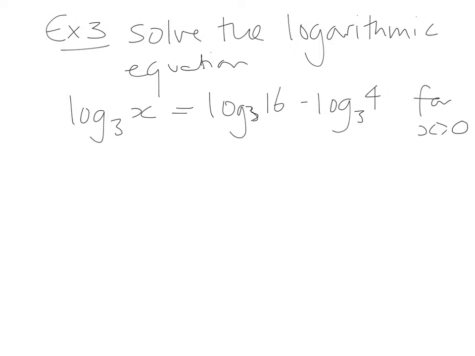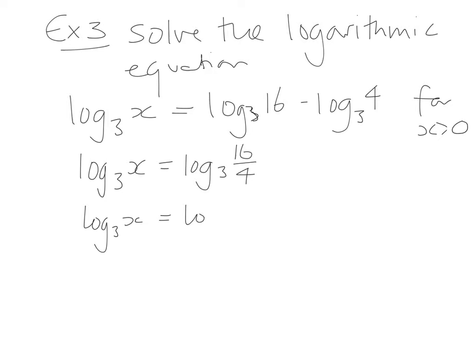Right, so the first thing we're going to do is resolve the right-hand side of the equation. The left-hand side has an x, so we're going to leave that there. So for the right-hand side of the equation, we can use rule number 2 because it is a subtraction. So we'll have log to the base 3 of x equal to log to the base 3 of 16 divided by 4. So we have log to the base 3 of x equal to log to the base 3 of 4.